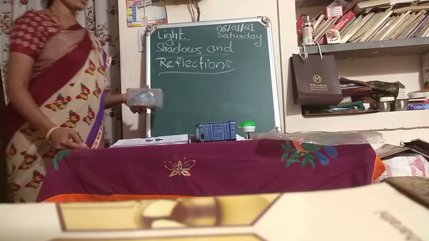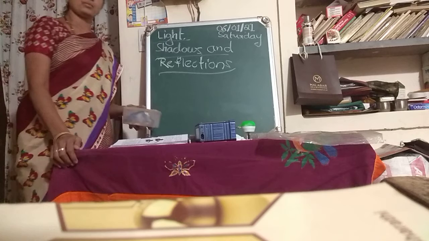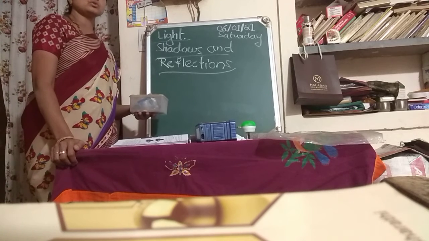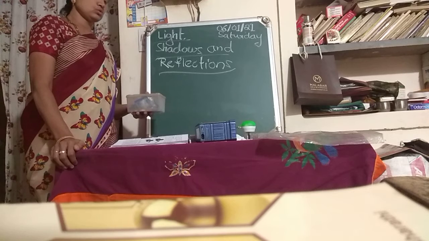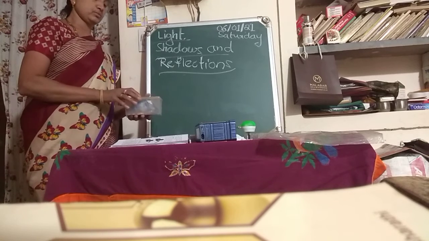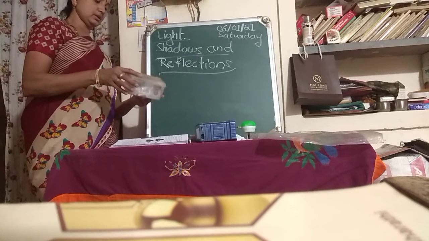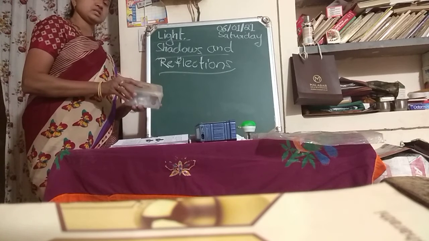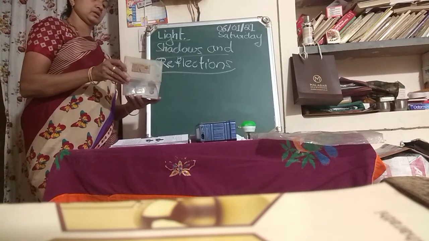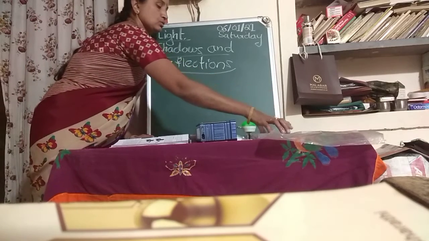There are some objects in between transparent and opaque. They are called translucent. The light passes partially through such objects. Here is an object where light passes partially, not completely. Such objects are said to be translucent.